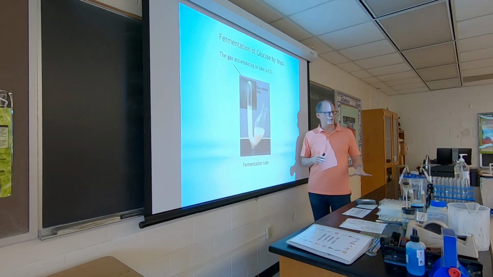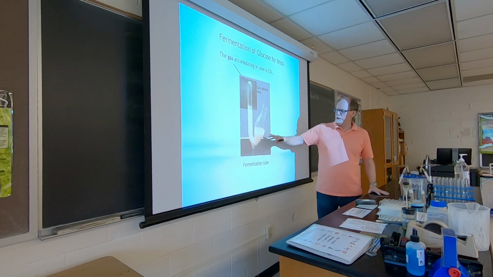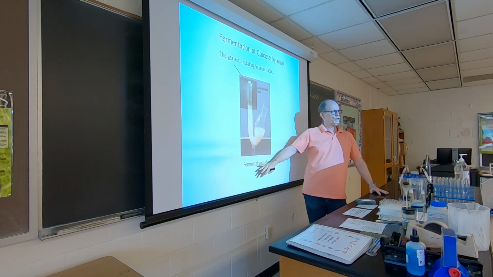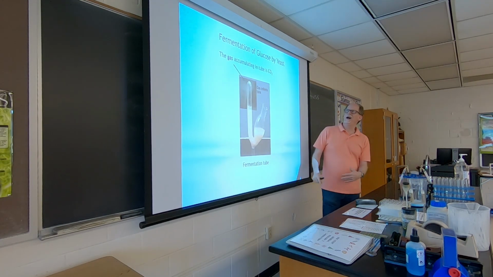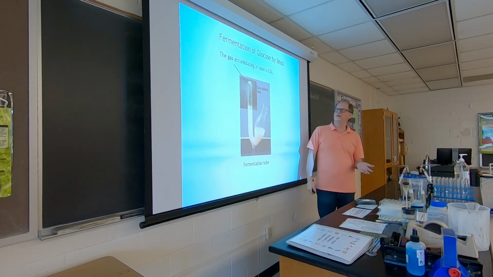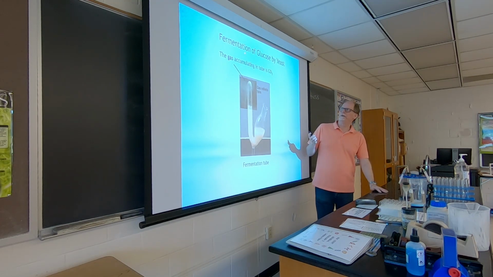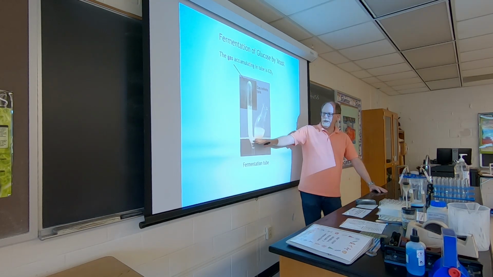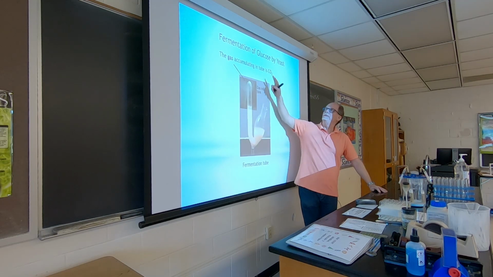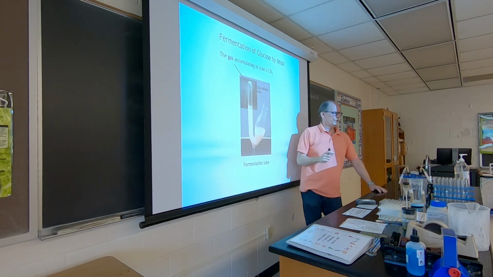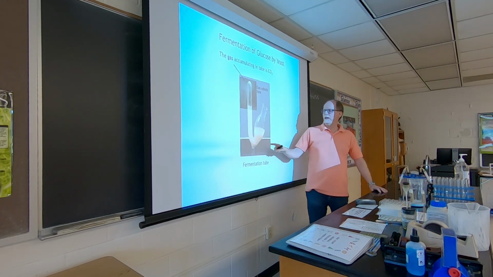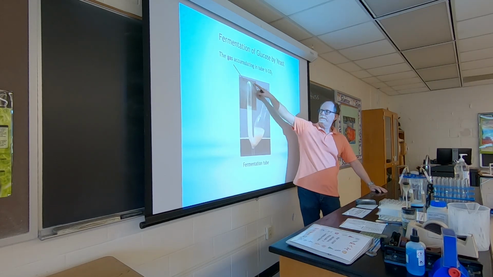And then we didn't set this one up, but this is referred to as a fermentation tube. When you ferment, you're not necessarily needing oxygen gas to do this. So it's not cellular respiration, right? We refer to it as fermenting. In this fermentation tube, we mix yeast and glucose together, and they convert the glucose to carbon dioxide.